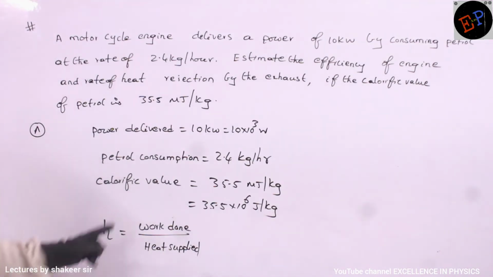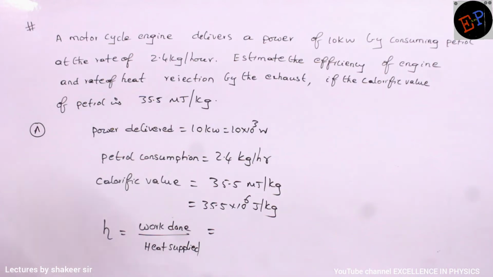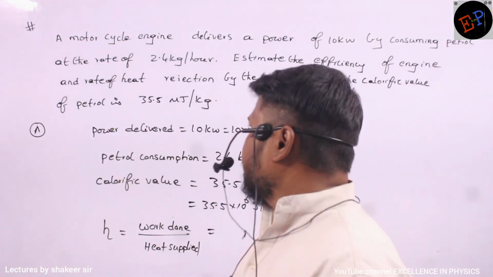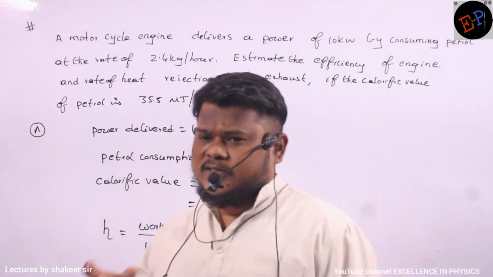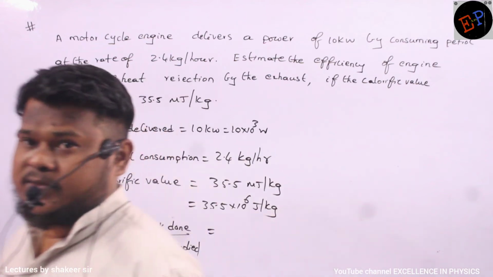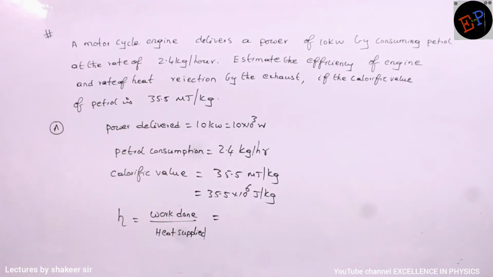This ratio is called efficiency. So what does work done by the engine mean? Work done is nothing but the power delivered by the engine. The engine is giving this much amount of power, and that is nothing but the work done by the engine. Okay, make a note up to here. Mark it.